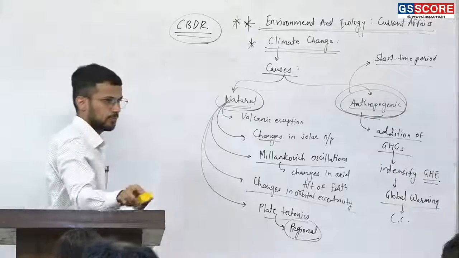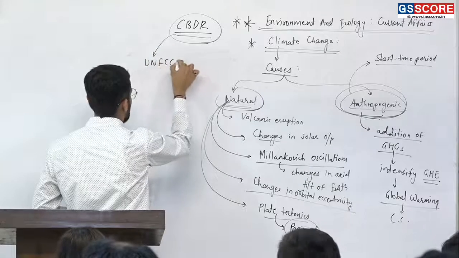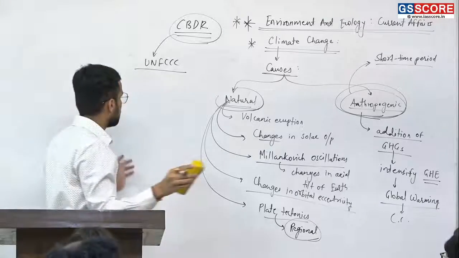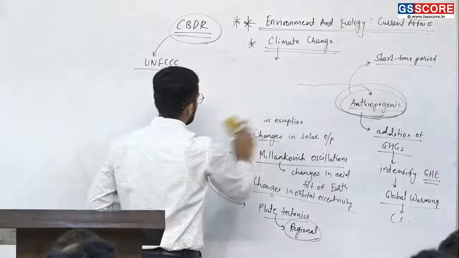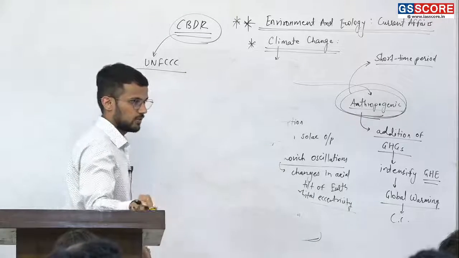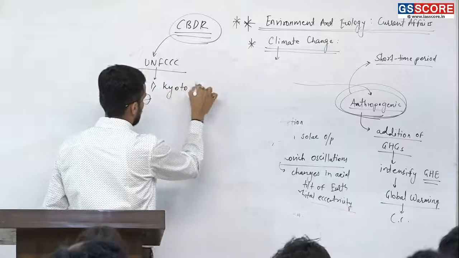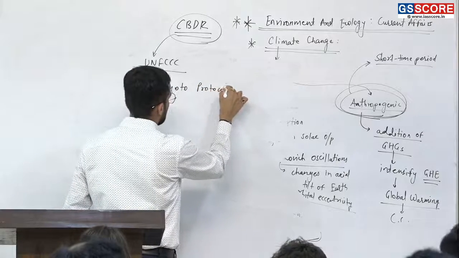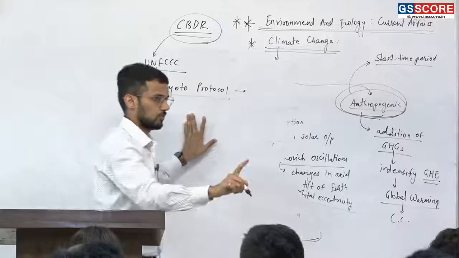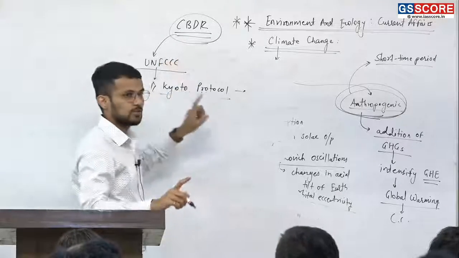It is followed under the United Nations Framework Convention on Climate Change. Can you give me examples of where CBDR is followed under UNFCCC? First is the Kyoto Protocol. The provisions of the Kyoto Protocol are only for developed countries, so the CBDR principle is followed there.